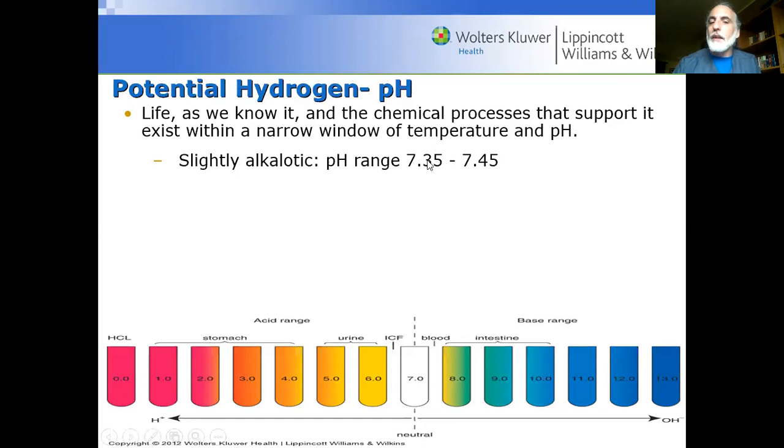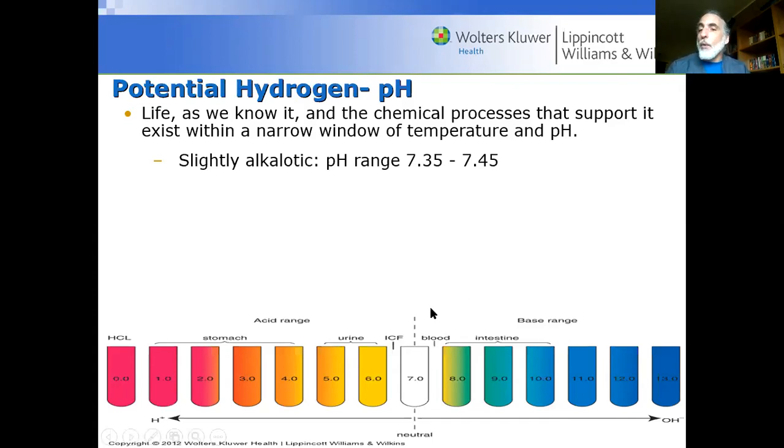So we normally run 7.35 to 7.45. Good number to know: 7.35 to 7.45. If we go above that, so let's say we hit 7.46, then we are becoming more alkaline or alkalotic.